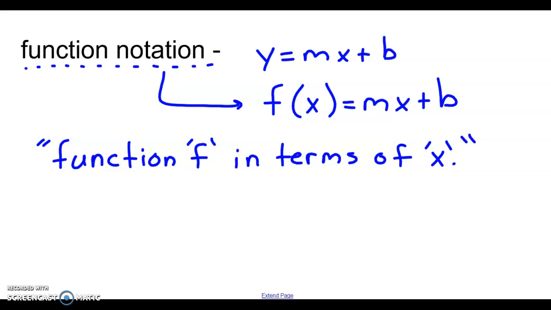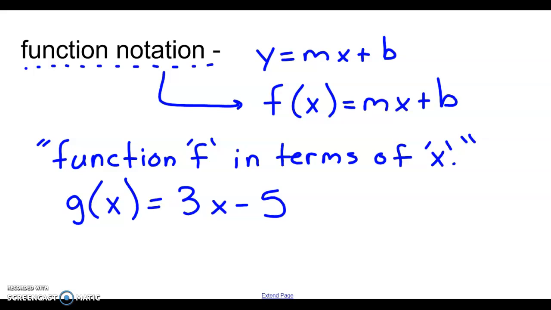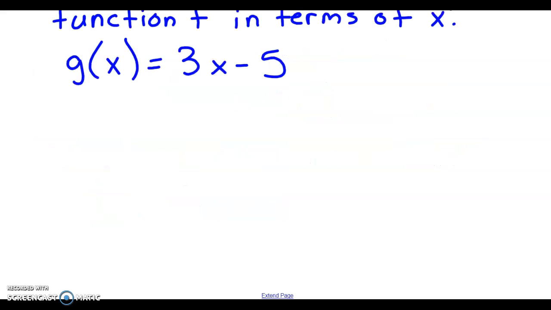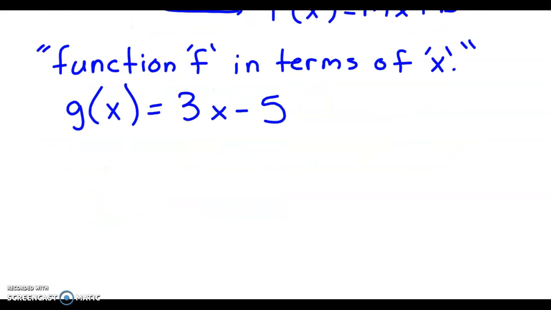Okay, so you could have something like g of x is equal to 3x minus 5. If they tell you that your x is equal to 4, you're going to plug that in for x, so that would be your input.